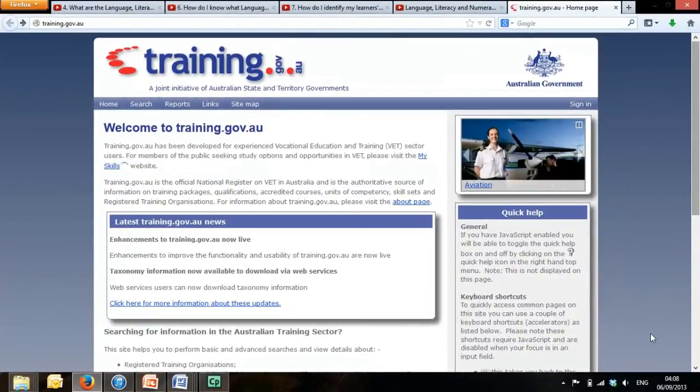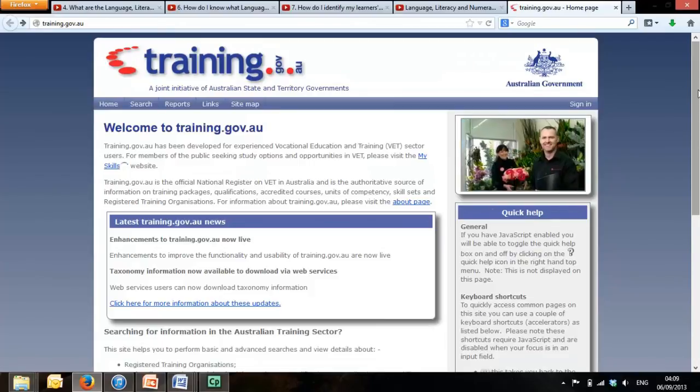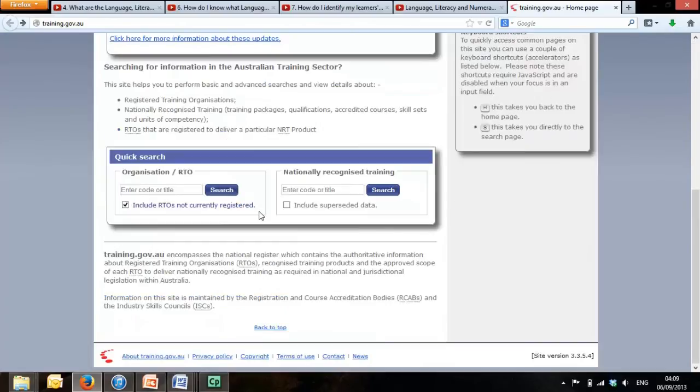Right, so we've typed in training.gov.au, come up with the home page, and scroll down to the bottom right hand corner. We've deselected, let's remove the tick there, for include superseded data. By removing the tick, we know we're going to only be shown by this website the current training packages. So we'll enter our little keyword there. We'll put forklift.